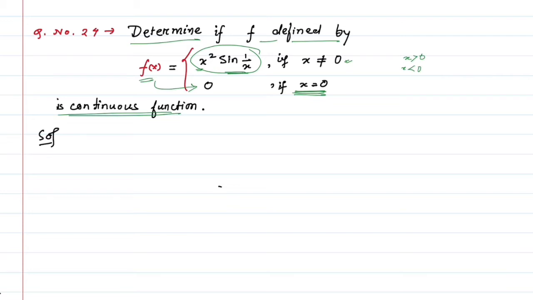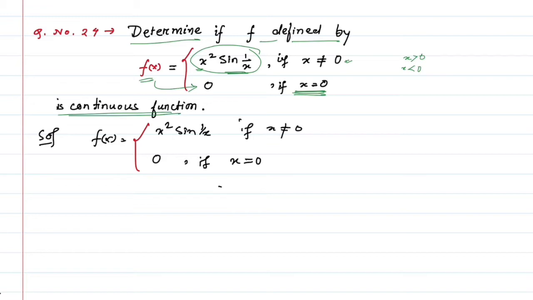So solution. The given function f of x is equal to x square sine of 1 by x if x is not equal to 0, that means either greater than 0 or less than 0, and it is equal to 0 if x is equal to 0. So the point of partition is 0 here.